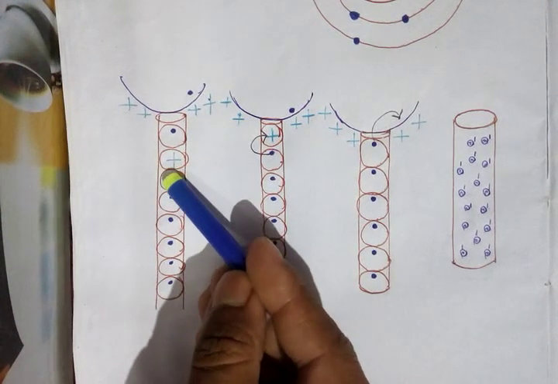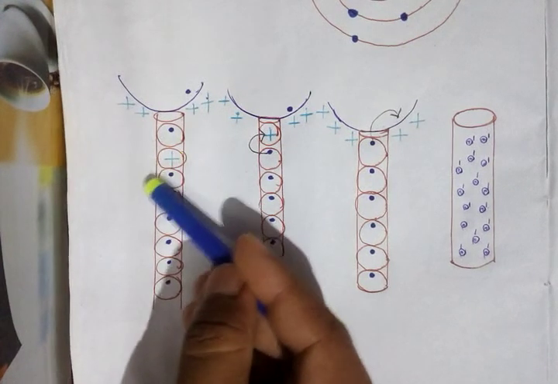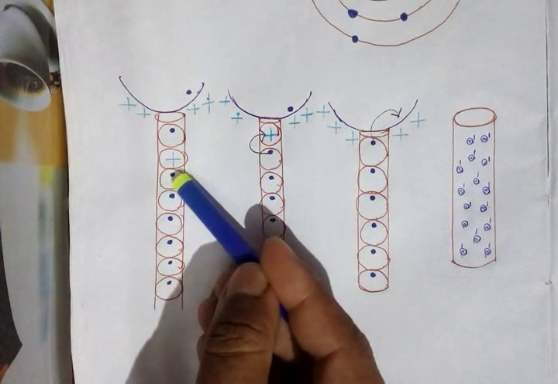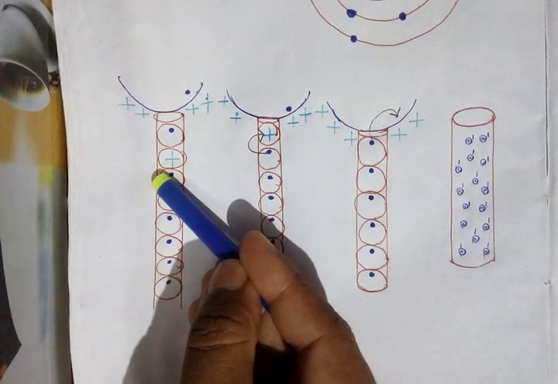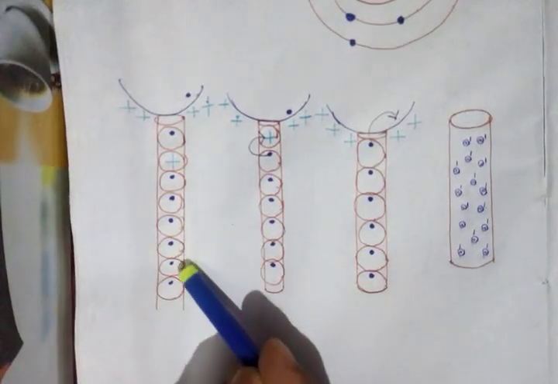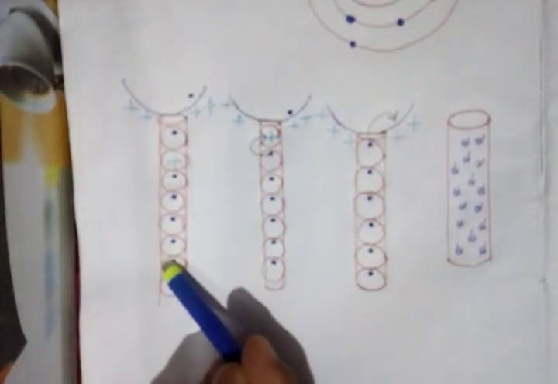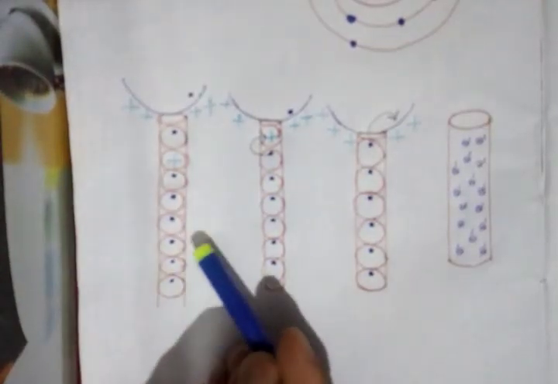Similarly, the electron from the third atom will enter the second atom, then the third atom will also get positively charged. In this manner, positive charge moves from the positively charged body towards the chargeless body.